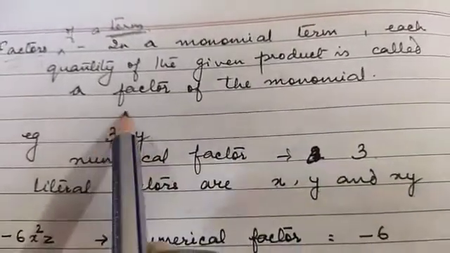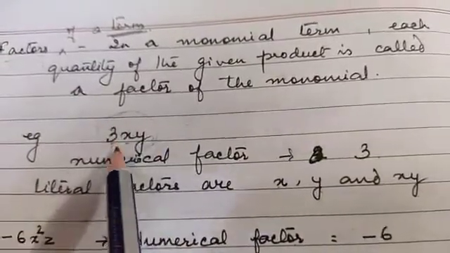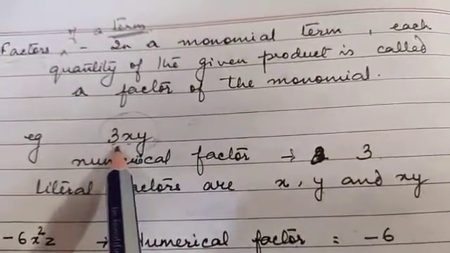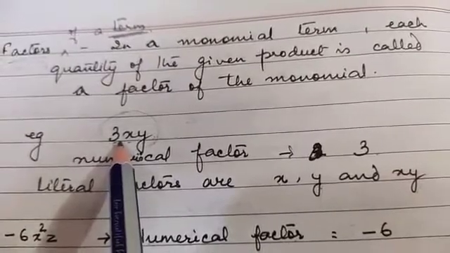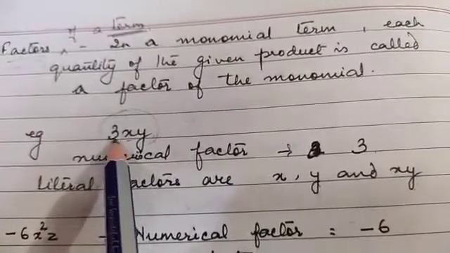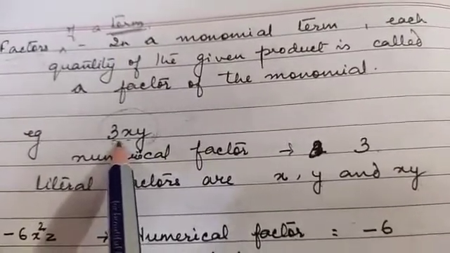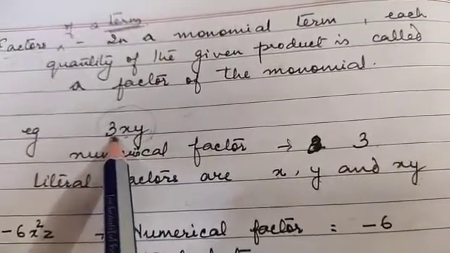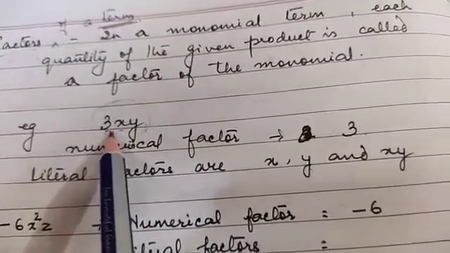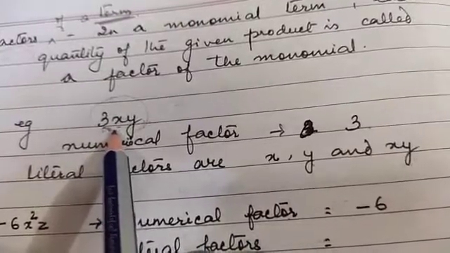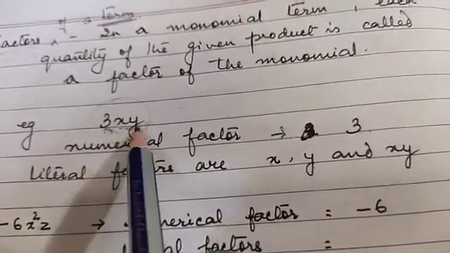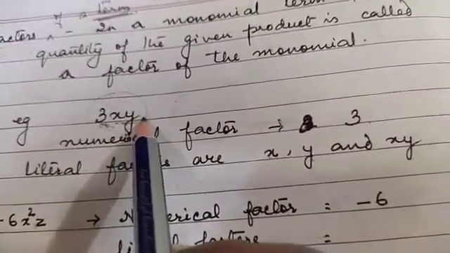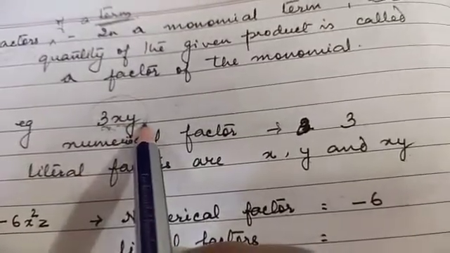In this term we have 3 as the constant factor, isn't it? It is the constant factor and it is also known as the numeral factor. 3 is the numeral factor. Then we have xy as the literal factors. Now how do we factorize xy?